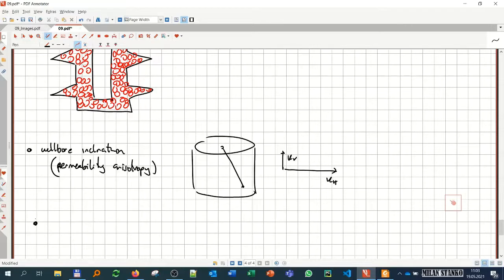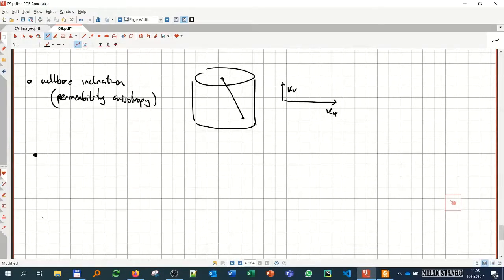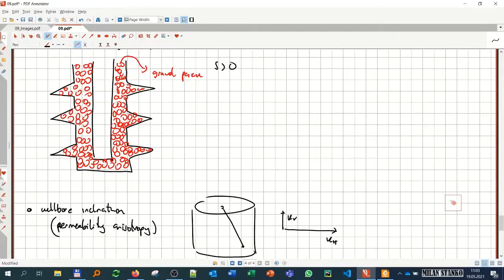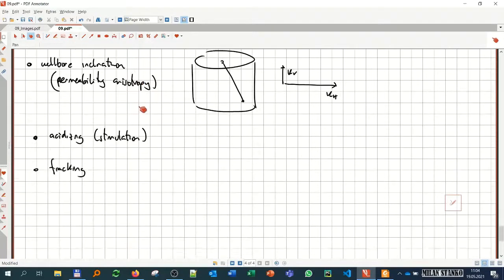Then other things that can give me, for example, a positive skin are acidizing, trying to do stimulation, and also fracking. In this case, to be able to propagate these fracks or these perforations a bit longer, I can pressurize inside here, and this is going to create fracks. And in these cases, typically I do that to make a skin less than 0.